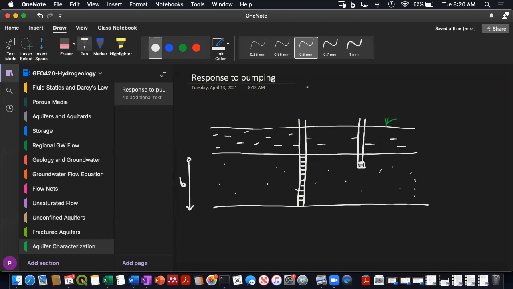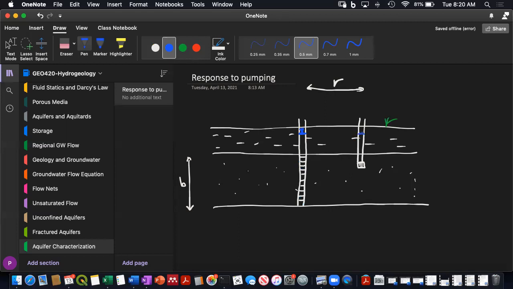And the distance between these two, we'll just call R. Okay, so before we begin pumping, we've drilled this well, and this is a confined aquifer, so the water level inside this well would rise up above the confining unit. We'll just put it arbitrarily here.